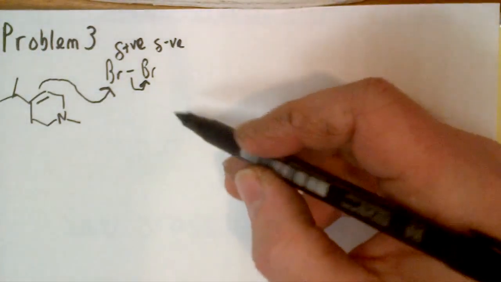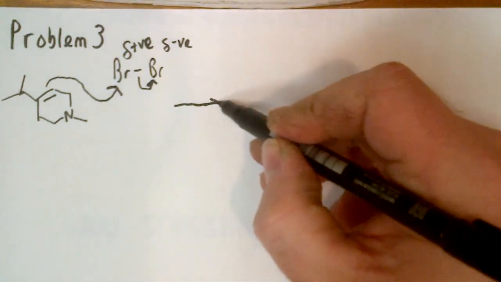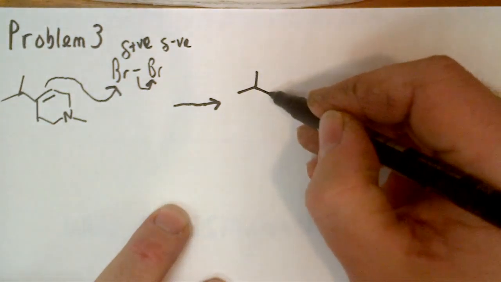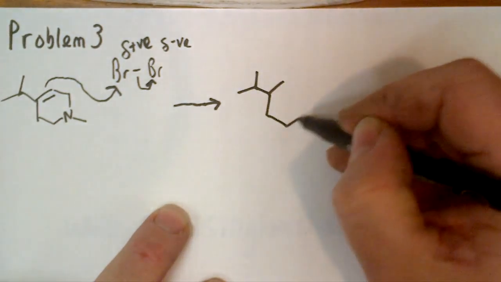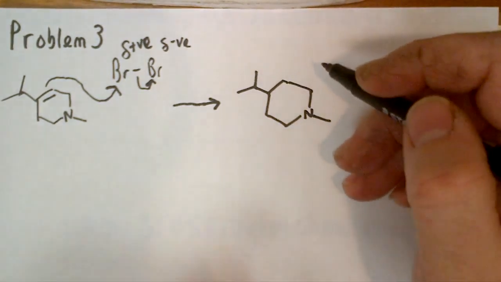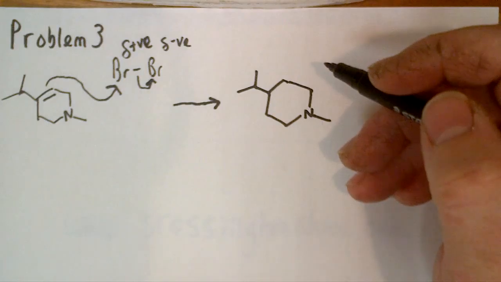So we then have our intermediate, as we can draw, where we have the bromine and a carbocation being formed.